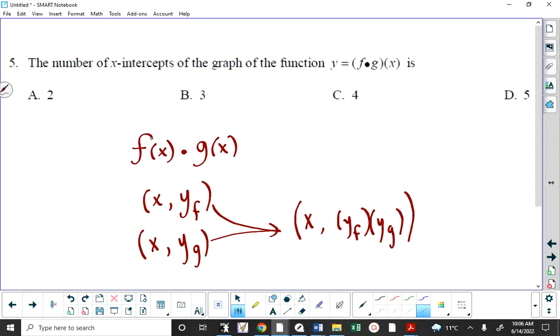Now, this is just a bizarre notation. It's just something I'm using as a teaching tool. I'm telling you that it's the y coordinates that get multiplied. So what is an x-intercept? An x-intercept is where y is equal to 0.